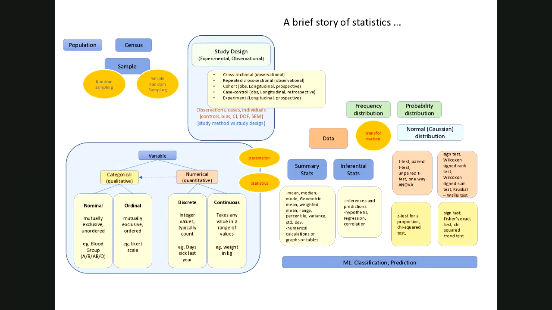We do different tests, but before that, we have some assumptions about distributions. Whether the data is normal or not has to be tested, and that's why we discuss different kinds of distributions. Distributions come from either a frequency distribution or a probability distribution.